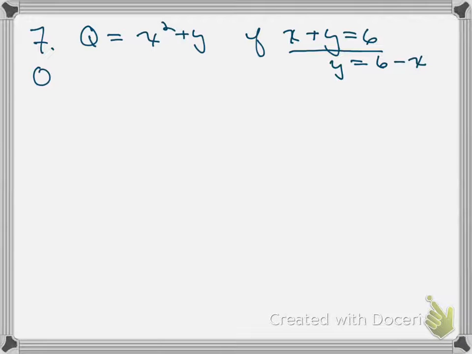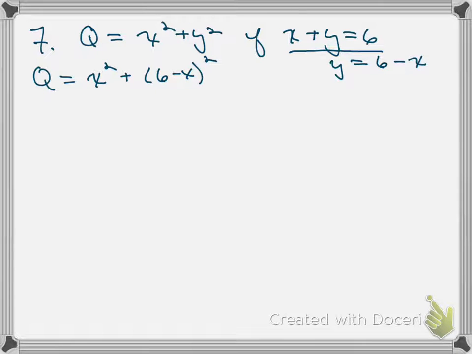So now my new and improved q is x squared plus, and I'm sorry, these should be both squared, x squared plus y squared. Everything else is good. So this is going to be (6 minus x) squared.